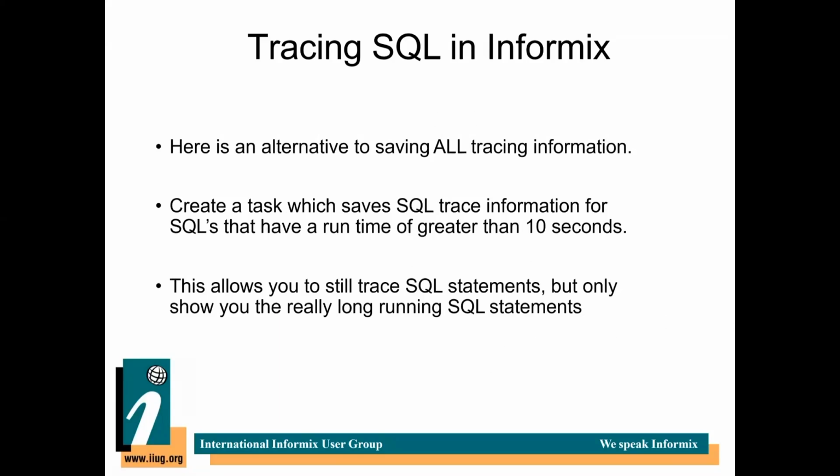You don't necessarily care about the statements that took 0.001 seconds. You just want the longest running ones to help tune those. And then maybe once you have tuned your SQLs greater than 10 seconds, maybe lower that down to 5 seconds, and then maybe 2 seconds until you get your database SQLs tuned optimally.